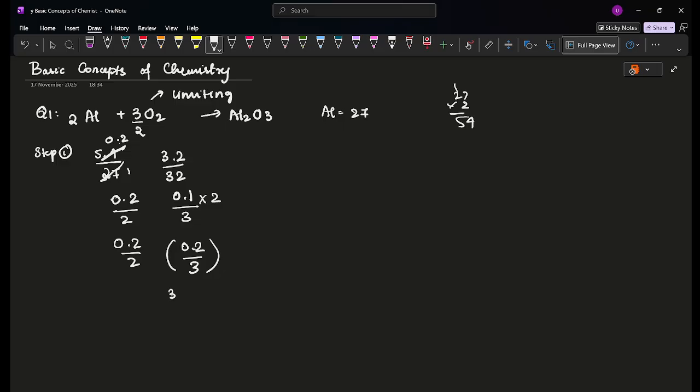Okay, you need to find the moles, right? 3 moles of O2 are giving 2 moles of Al2O3. So 3.2 moles are giving 1 mole of Al2O3.